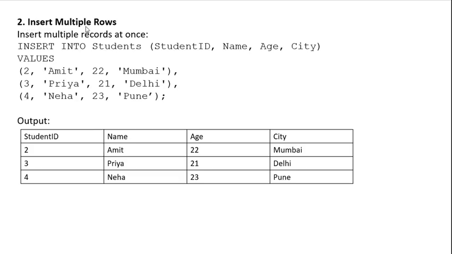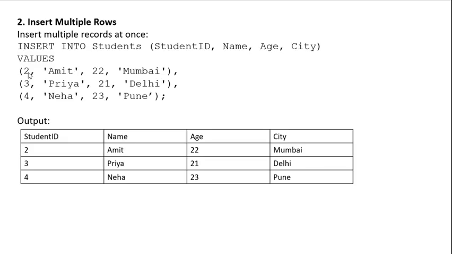Second is inserting multiple rows, which inserts multiple records at once. INSERT INTO the table name student, and inside the brackets the column names student_id, name, age and city, and then VALUES.